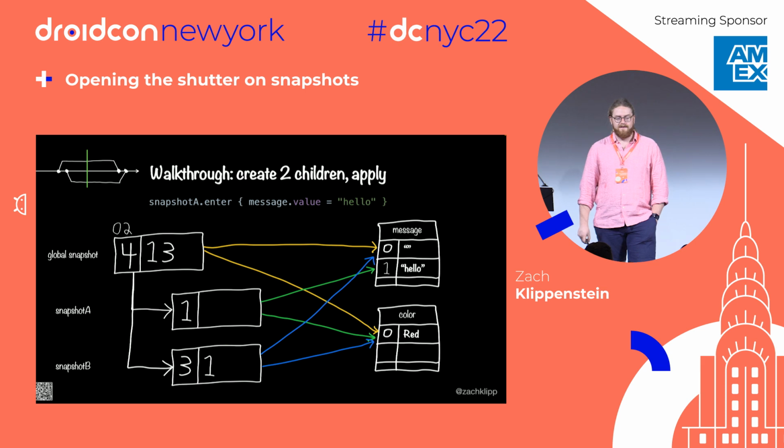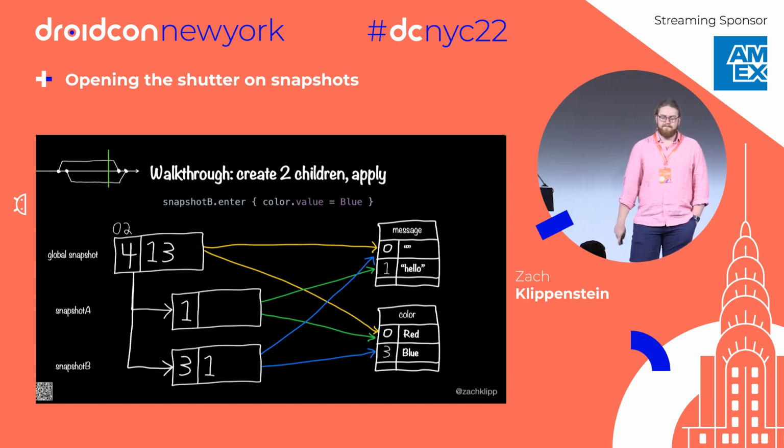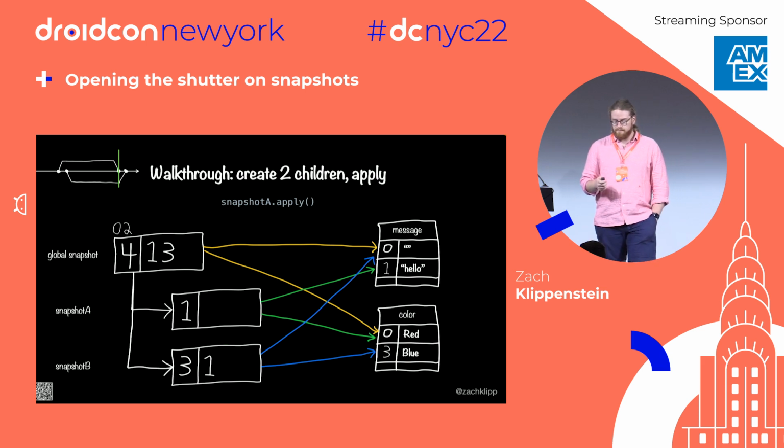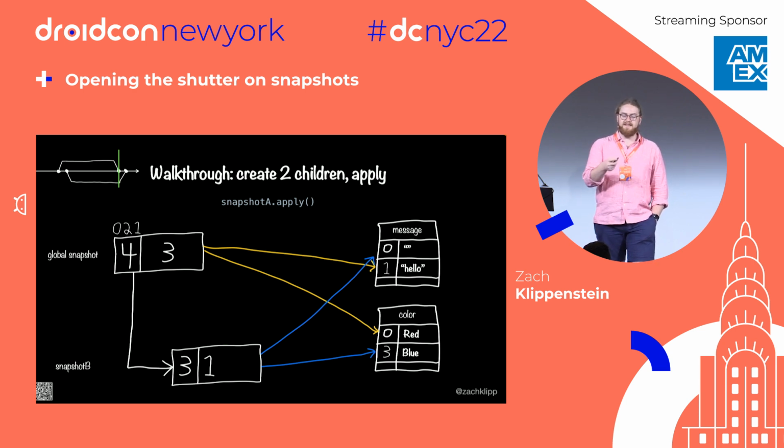So now we're going to write into message from snapshot A, and then we're going to write into color from snapshot B. They both create new records with their respective IDs and write into those records. Let's apply snapshot A. This is the same process as we did in the previous walkthrough. We're going to move the ID into the parent's history, remove it from the invalid set, which now allows the global snapshot to see hello.